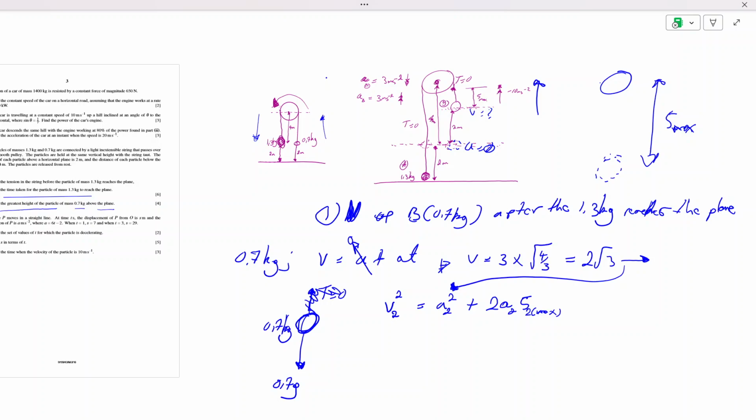When it reaches the max height, its velocity v2 should be equal to 0. The initial velocity, which is the v we calculated, is now u2, equal to 2 root 3. And the new acceleration a2, moving up, is negative g, because it's opposing gravity. Remember, acceleration is a vector, meaning magnitude and direction.